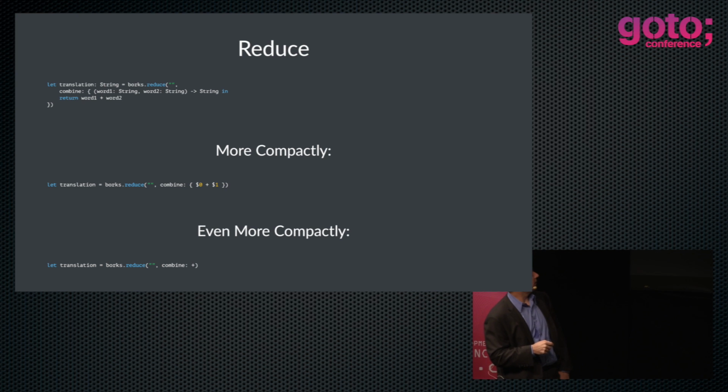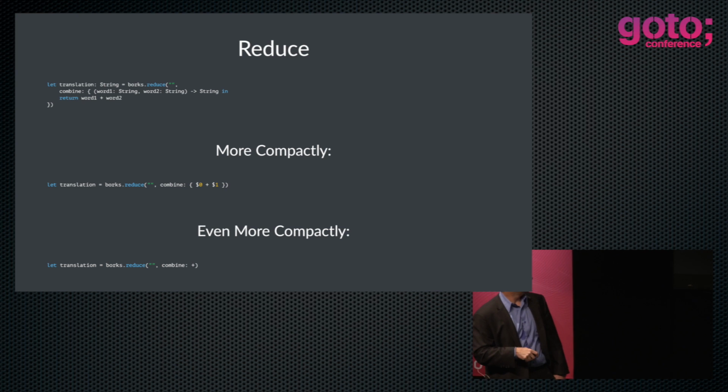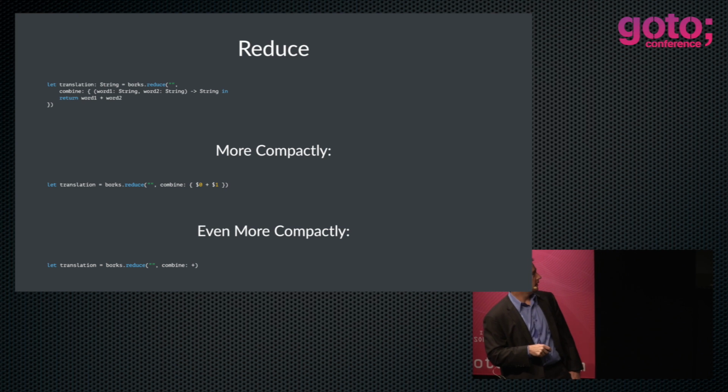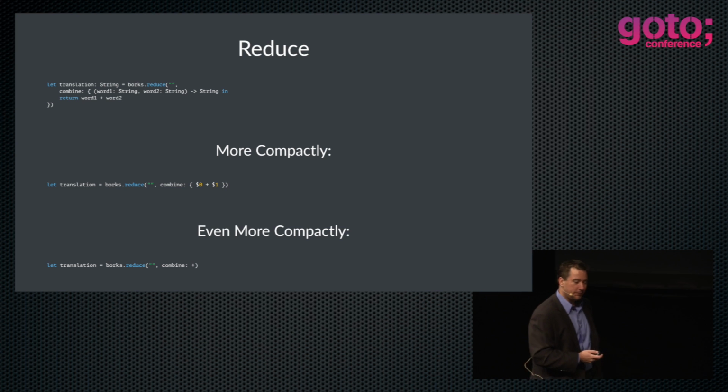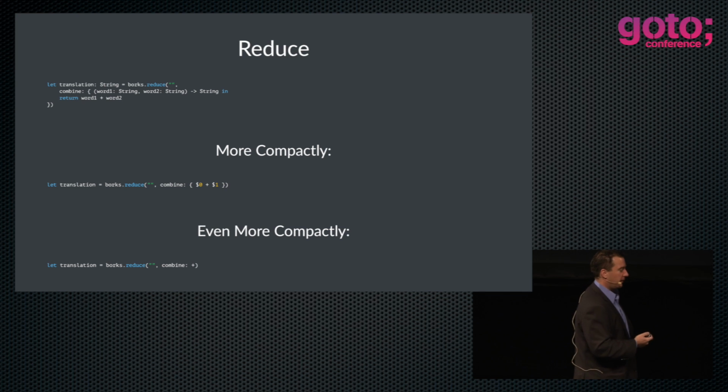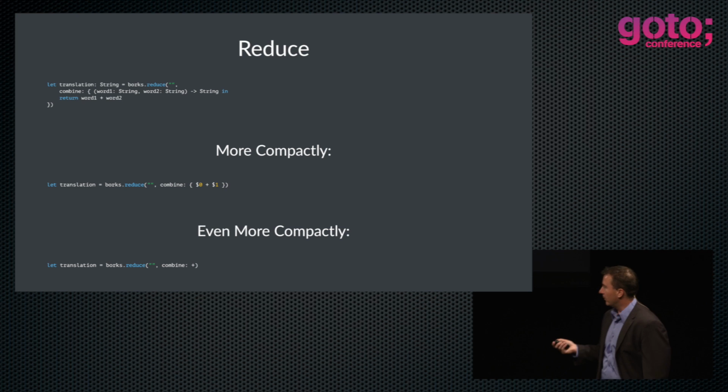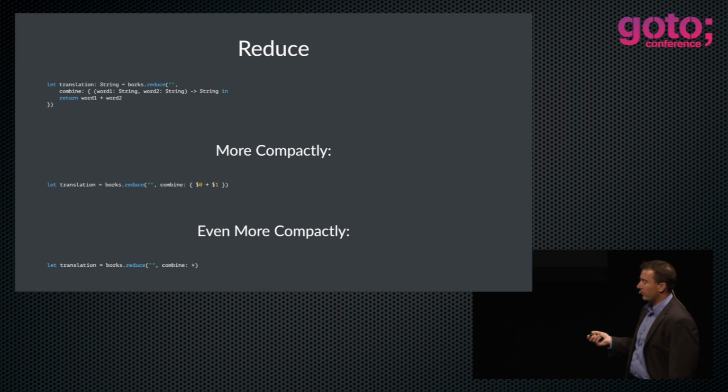You can get more succinct by saying the combine function takes $0 plus $1. You can get even more compact because in Swift, operators are functions. And so in the case of an operator that accepts one type on the left and one type on the right, you can just swap that into a closure that accepts those 2 types of parameters.